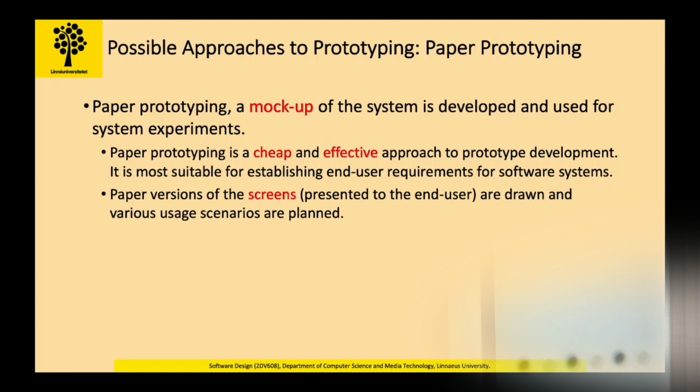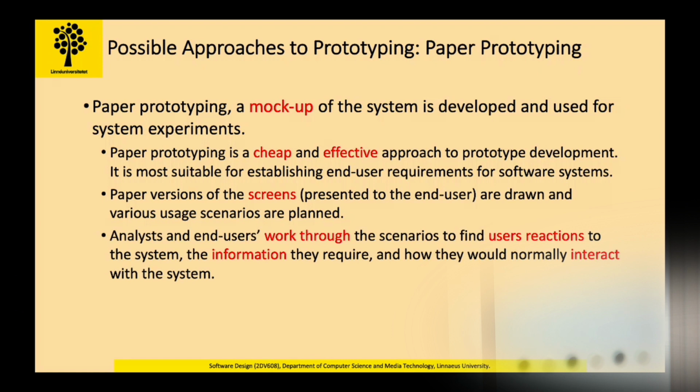So the method is that you draw on pages or screens using pen and paper, or even on the screens, and you simulate the transition between screens or what you're expecting. And end users are always highly involved in this process.